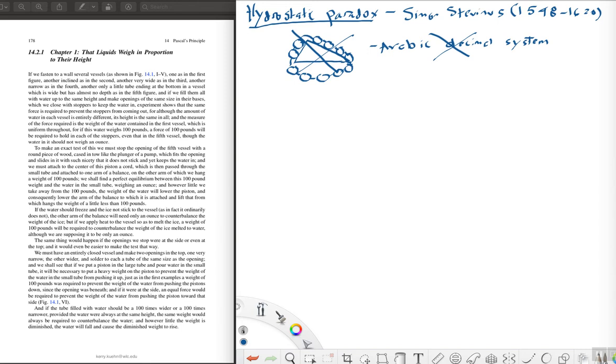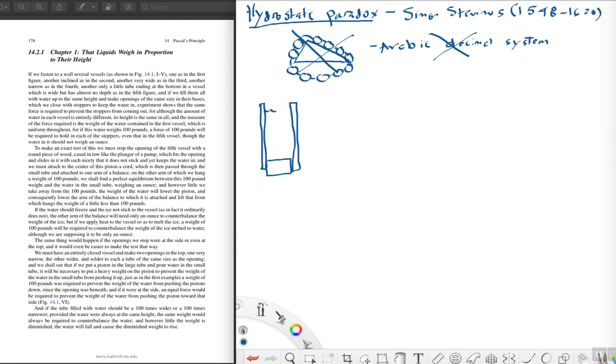So imagine for the moment that you had a cylinder full of water. So I'm going to draw a cylinder like this. I'm getting used to drawing on this tablet, so you have to excuse the not entirely straight lines. But imagine you had a cylinder like this, and you plug the bottom with a cork, but this is a cork that is able to slide very easily up and down.